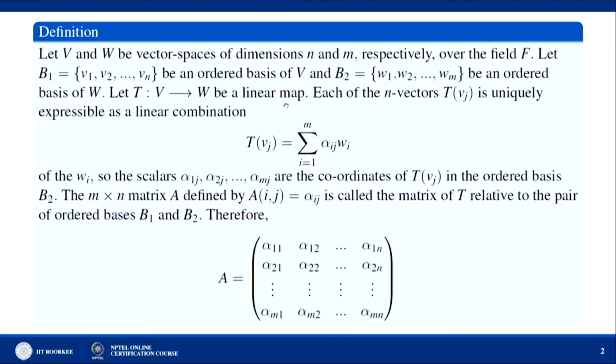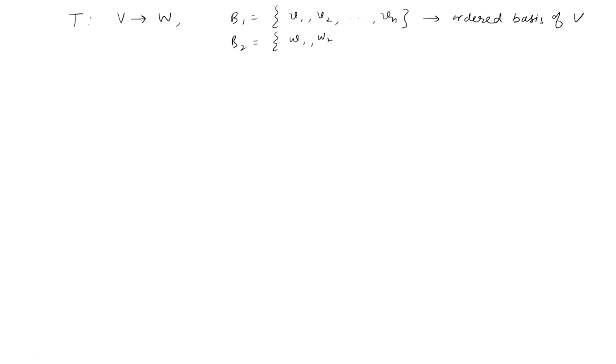Now, what we are discussing basically here: we have a linear transformation T from V to W. B1, which is given by V1, V2 up to Vn, is an ordered basis of V, and B2, which is given by W1, W2 and so on up to Wm, is an ordered basis of W. Dimension of V is n, dimension of W is m.